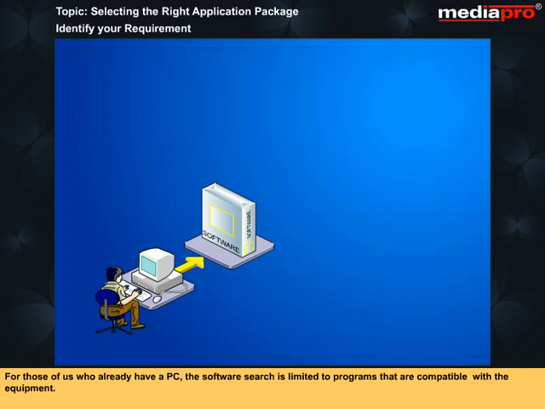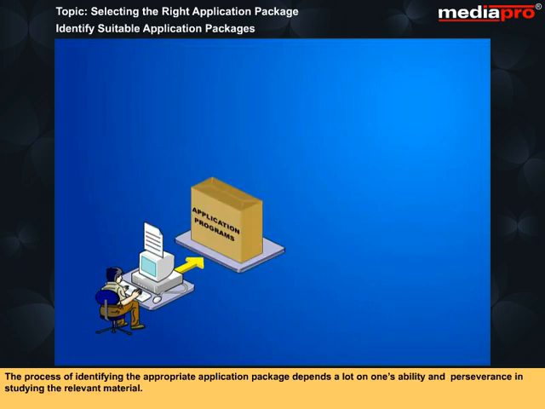For those of us who already have a PC, the software search is limited to programs that are compatible with the equipment. The process of identifying the appropriate application package depends a lot on one's ability and perseverance in studying the relevant material.